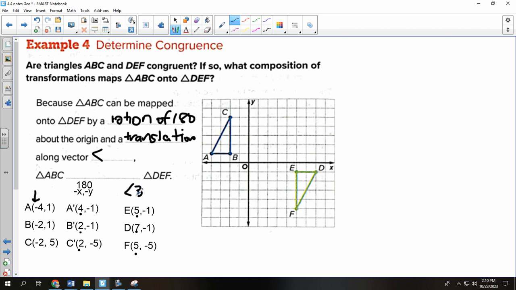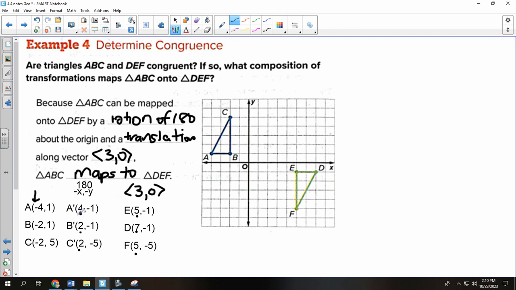Oh, we have to add 3 to the x's and nothing to the y's. And then triangle ABC maps to triangle DEF.